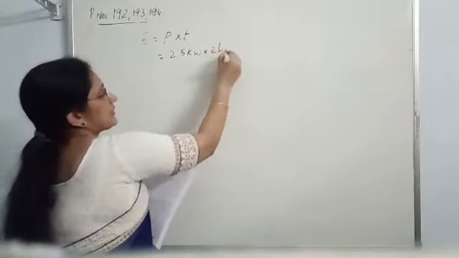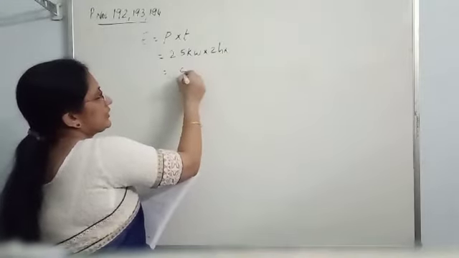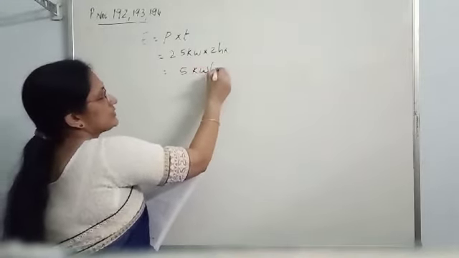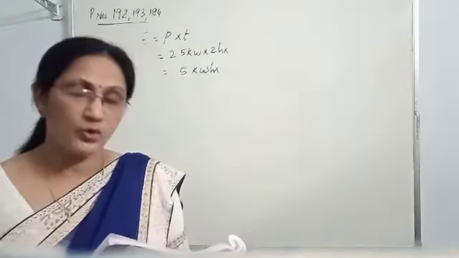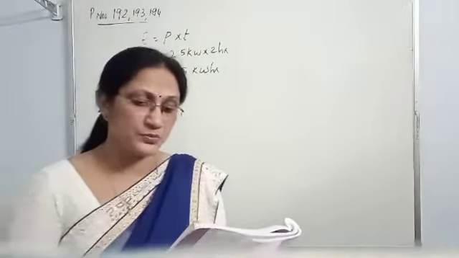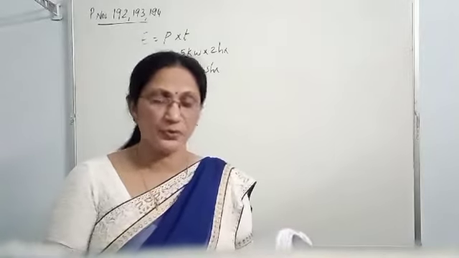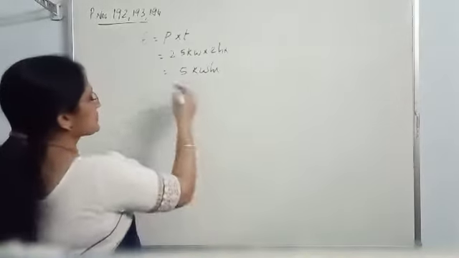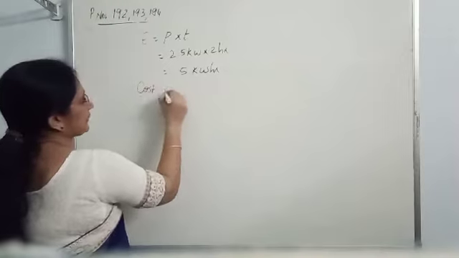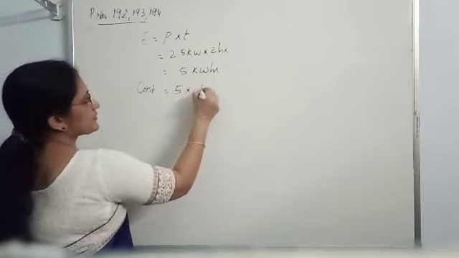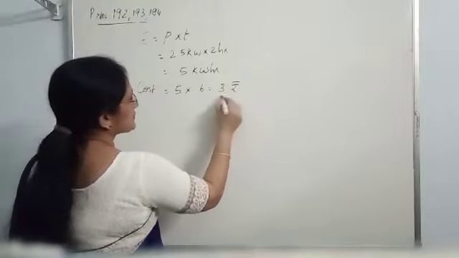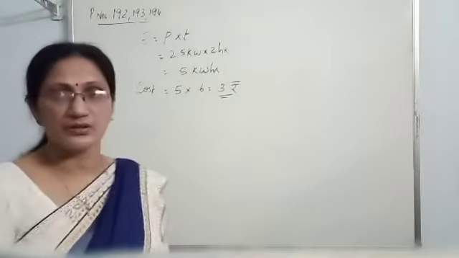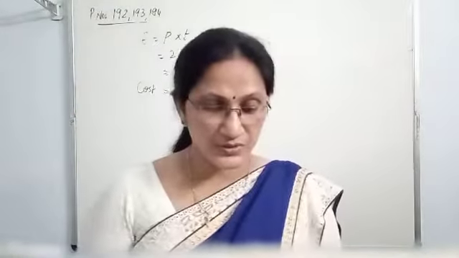So very easily you can calculate how many kilowatt hour energy it consumes. 5 kilowatt hour energy it consumes, and 1 unit 0.6 rupees. So for this the cost is 5 into 0.6, that means 3 rupees. That is the cost.